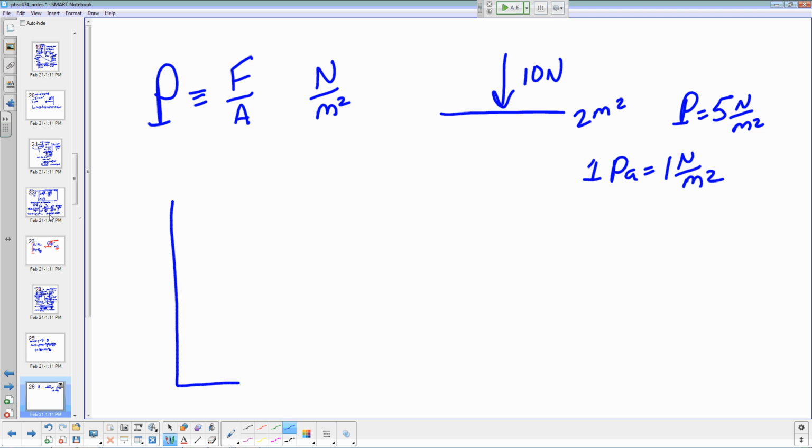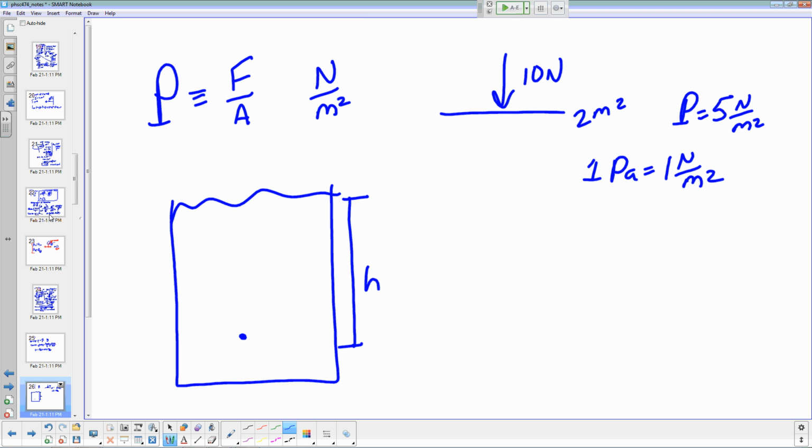If I have a fluid, whether it be a liquid or a gas, and I'm a certain distance below the surface of the fluid, say a depth h, then the pressure at that point is equal to rho times g times h, where rho is the density of the fluid. And remember, when I say fluid, I mean anything that flows.